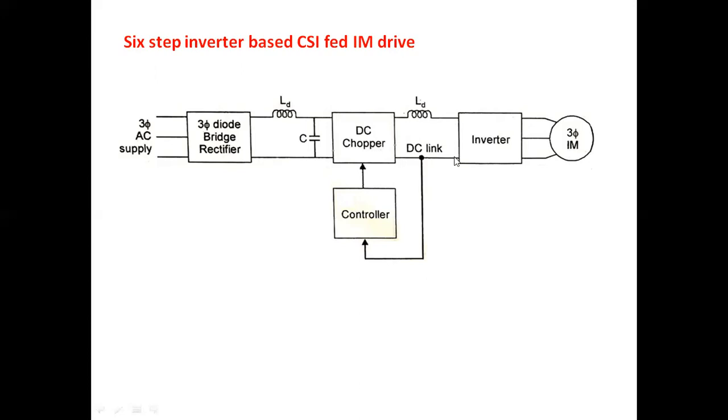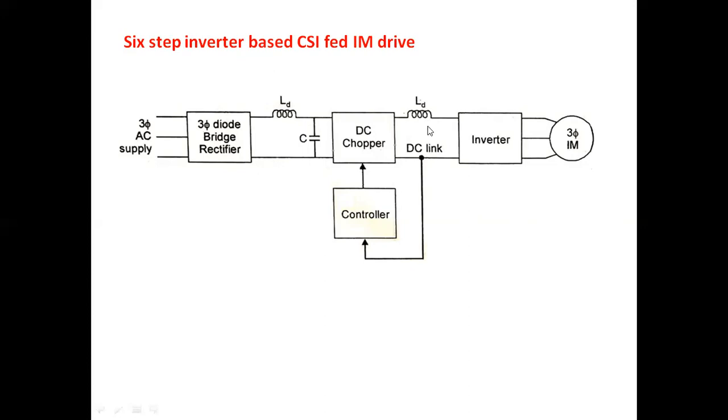This current source is constant for a specific value of voltage. If you vary the voltage by adjusting various duty cycles in the controller, various voltage magnitudes are produced at the output of the chopper. This is passed through the inductor.